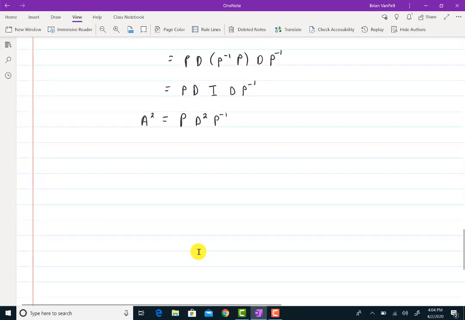In fact, if you try to do A to the k, you get P D P inverse times P D P inverse, times, and you would do that k times.